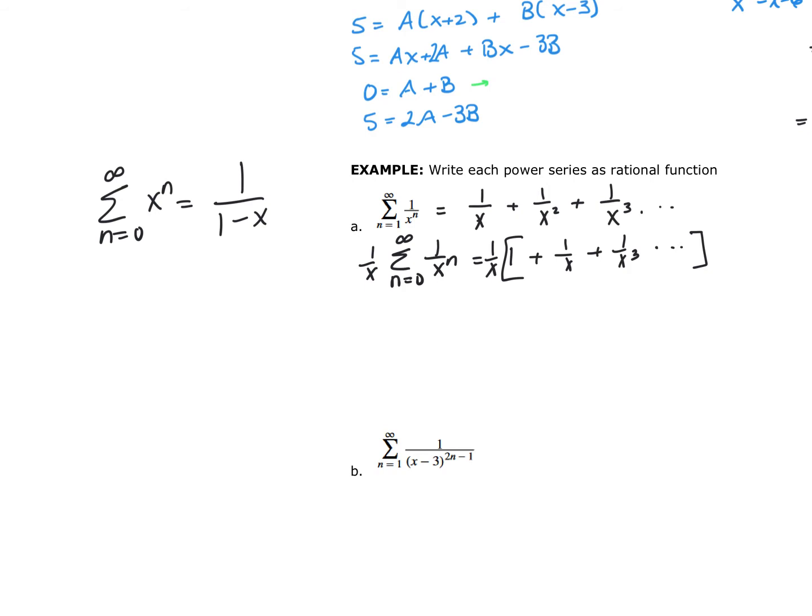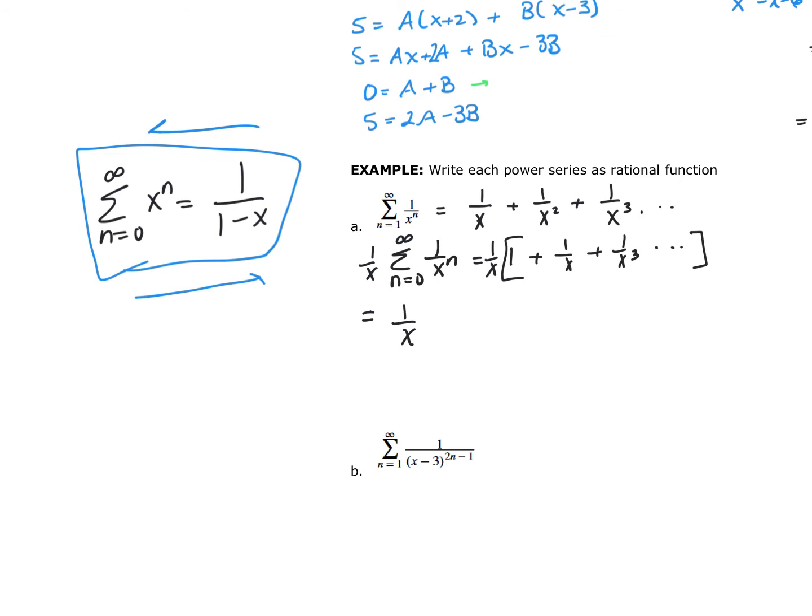I need it to look like that to be able to do this. So then this is going to be equal to 1 over x multiplied by, what we've been doing so far is going in this direction. Now we're going to go in this direction.